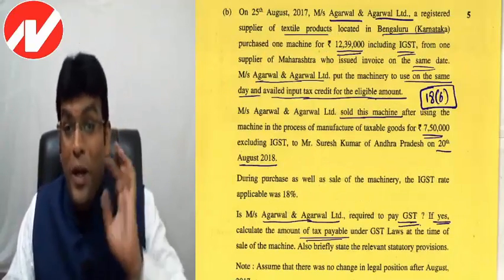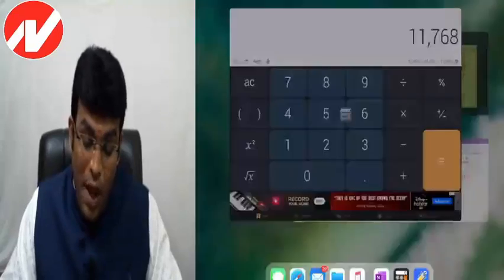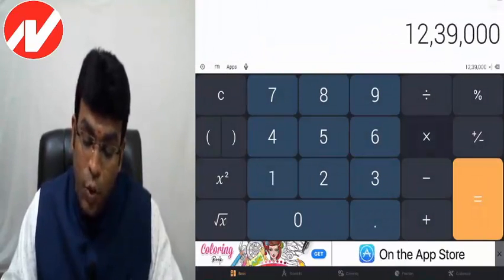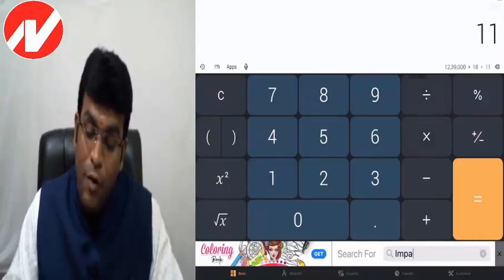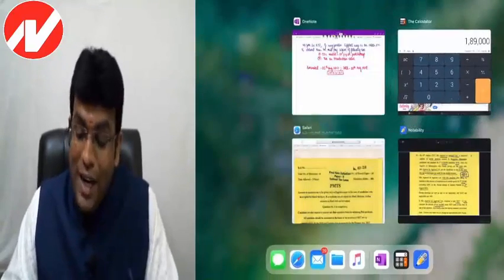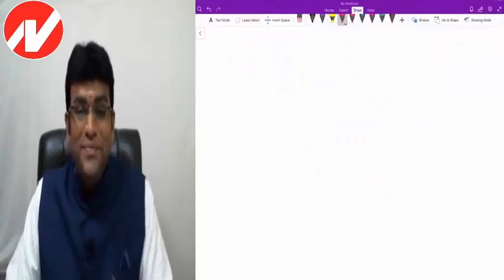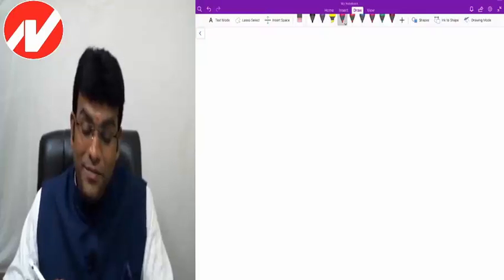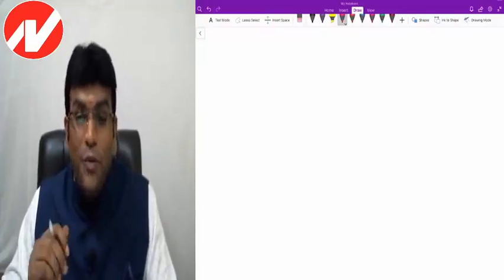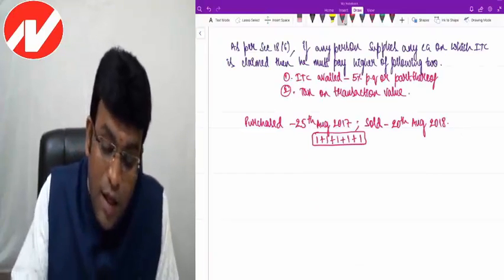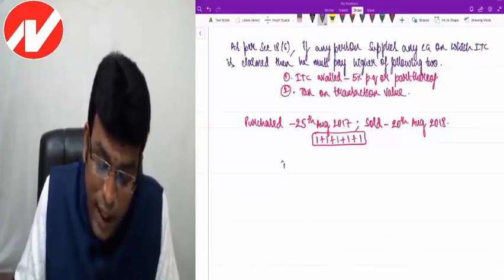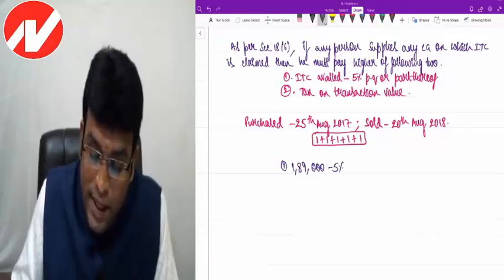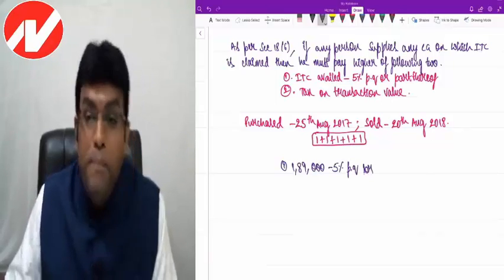And what is the ITC avail? 12,39,000 is including IGST. So I'll calculate the figure as 12,39,000 into 18 divided by 118. It comes to 1,89,000. Come on. So if I start working out the problem, my first number will be 1,89,000 minus 5% per quarter.